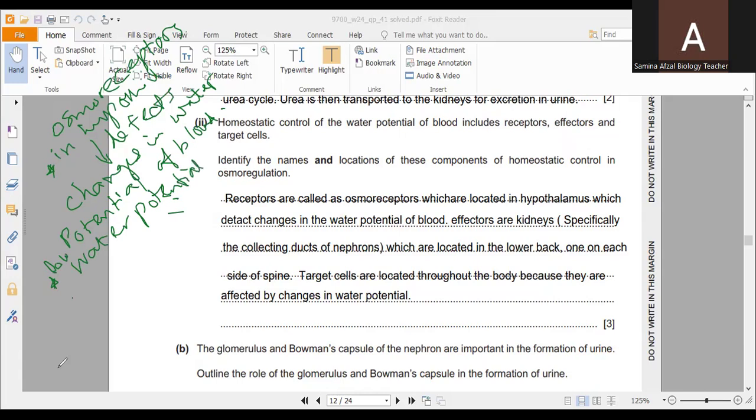When water potential is low, the hypothalamus triggers the pituitary gland to release antidiuretic hormone. ADH will be released by the pituitary gland.